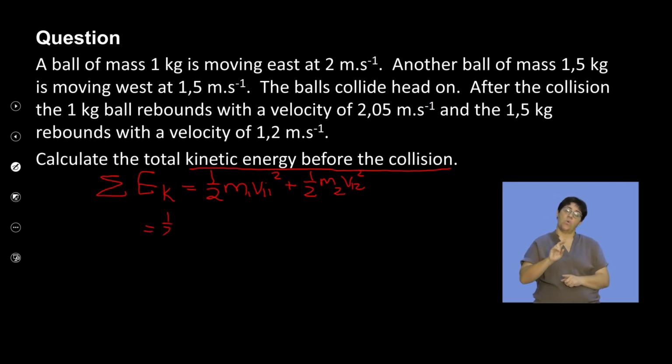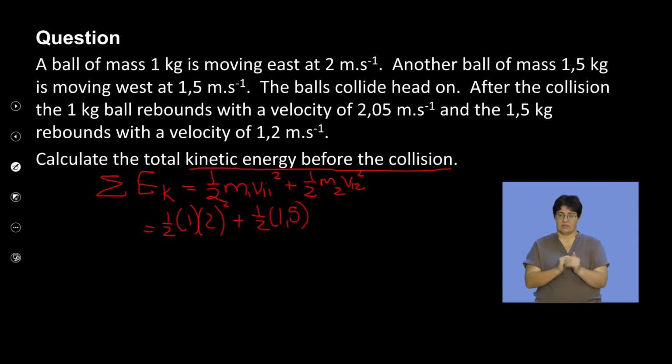We have a half times 1 times 2, and that's squared. Please don't forget the squared. I see that all the time. In fact, I almost forgot. Plus a half, and then it's 1.5. Now we take note.